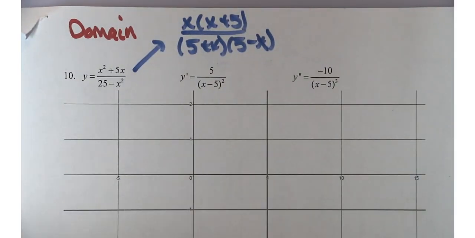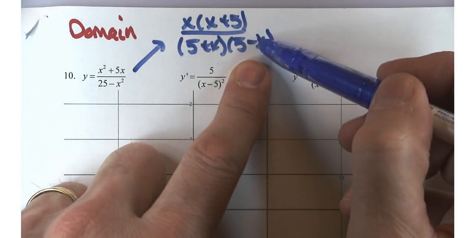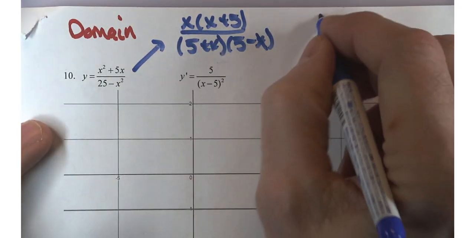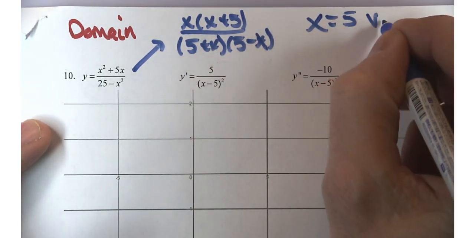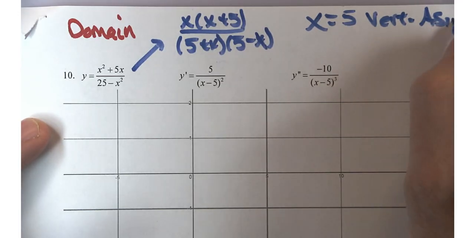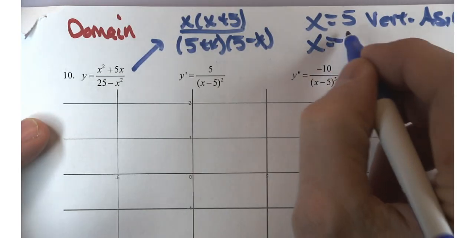The domain is everything except -5 and 5. And then at x equal 5, you've got a vertical asymptote. At x equal -5, you've got a hole.